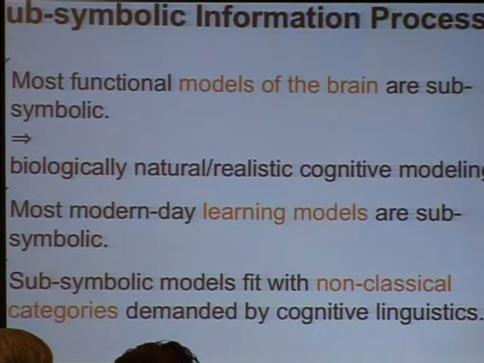Second, most modern-day learning models are subsymbolic, and the issue of learning is critical for cognitive modeling. Finally, subsymbolic models fit with non-classical categories demanded by cognitive linguists such as Lakoff.